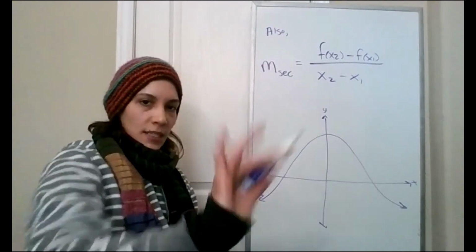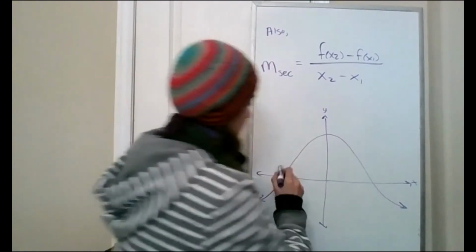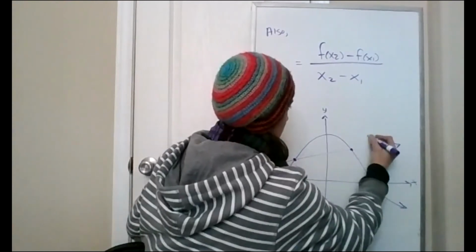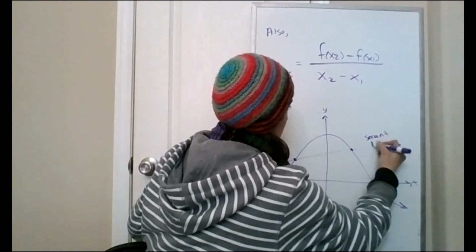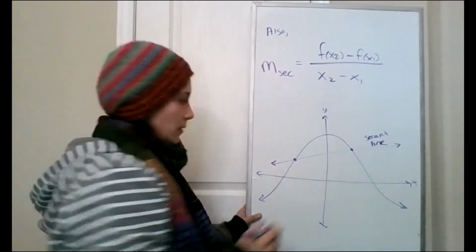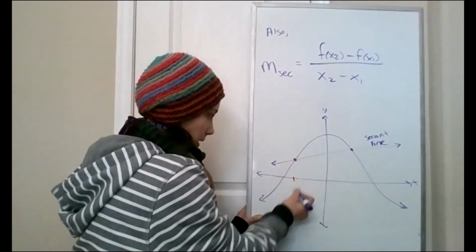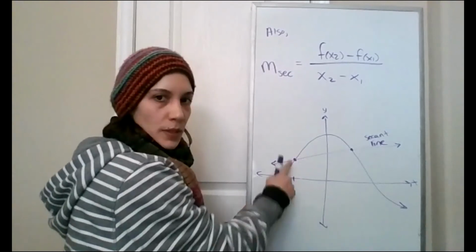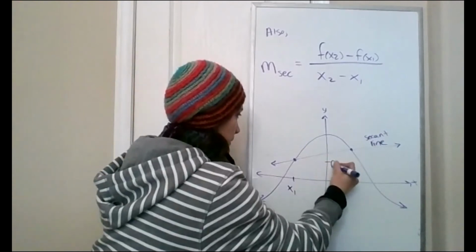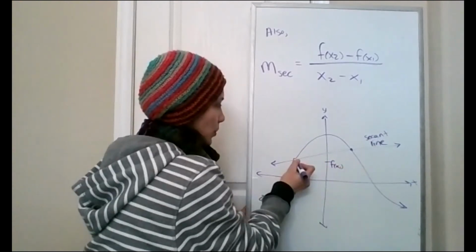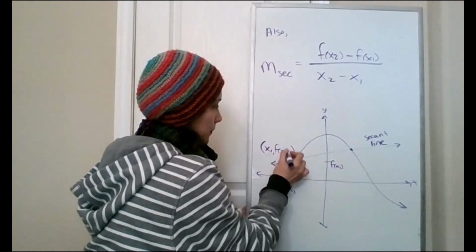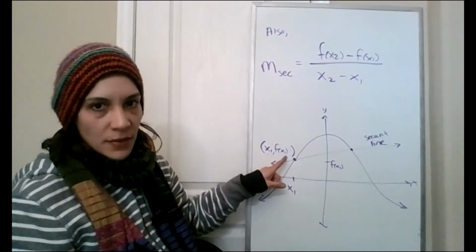So we have a secant line that crosses through the curve twice. Here and here. Then x1 to f(x1) would sit here, and this is the point (x1, f(x1)) right there.